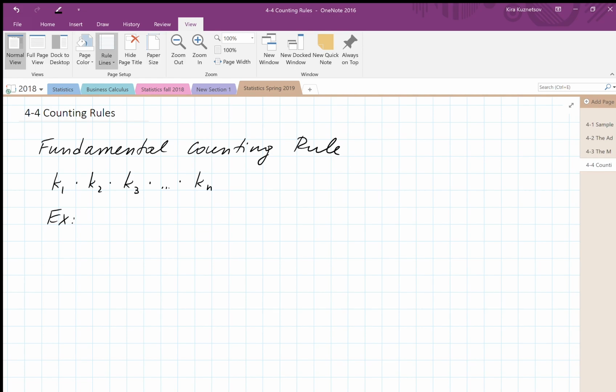So the perfect illustration of the fundamental counting rule is through a tree diagram. So we have a few events. This is example 4-38. We have two events. One is a coin toss, and the second is a roll of a die.